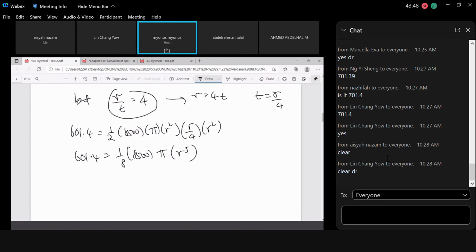Correct? So now you can have r to the power of 4 is equal to 601.4 multiplied by 8 divided by 8500 pi.